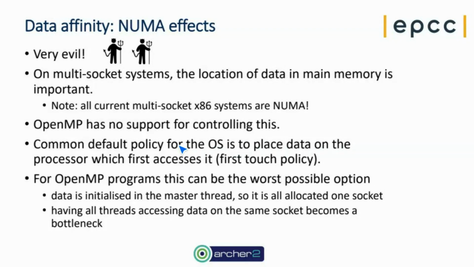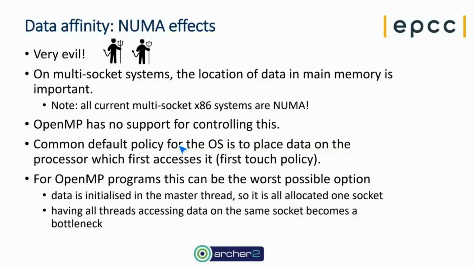So the first time a core reads or writes a memory location in the application, the OS will try to allocate that data in the NUMA domain where the access came from. So the so-called first touch policy. And for OpenMP programs, that can be the worst possible option.